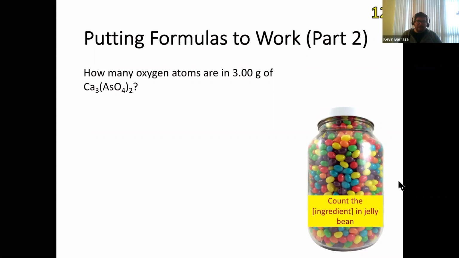This time it's a little bit different, but again, whenever the question has to do with how many, meaning counting, and how heavy, that's a clue that this is a molar mass problem, because molar mass is the conversion between how heavy to how many.